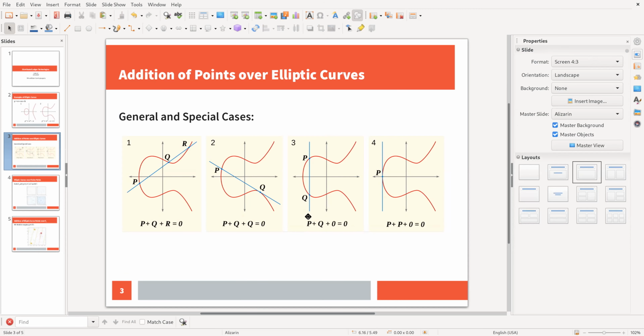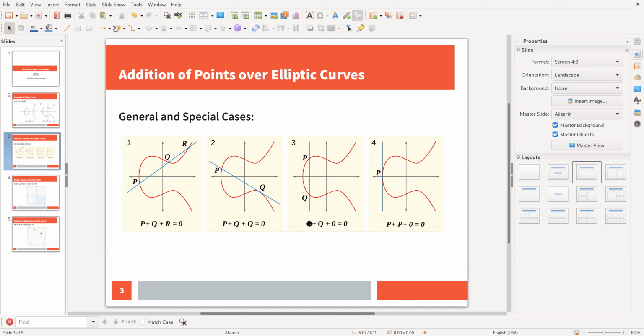Completely vertical. In that case, we say that it intersects our curve in the infinity point. And this infinity point is the same point as we identify notionally with 0, but more about that later. So in this case, P, Q, and infinity are the three intersection points.